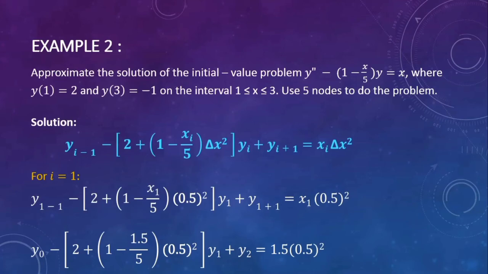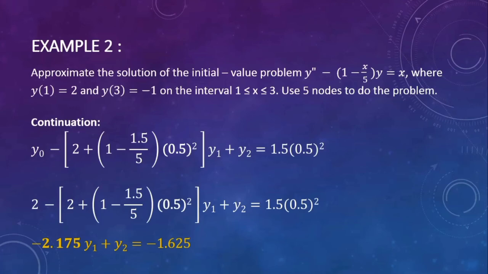So we have y sub 1 minus 1 minus 2 plus 1 minus x sub 1 over 5 times 0.5 squared times y sub 1 plus y sub 1 plus 1 equals to x sub 1 times 0.5 squared. So we have y sub 0 minus 2 plus 1 minus 1.5 over 5 times 0.5 squared times y sub 1 plus y sub 2 equals to 1.5 times 0.5 squared.